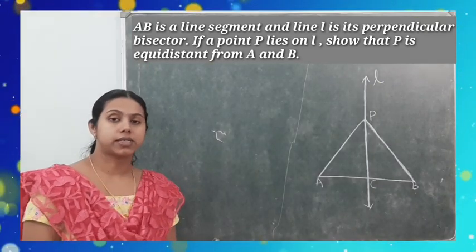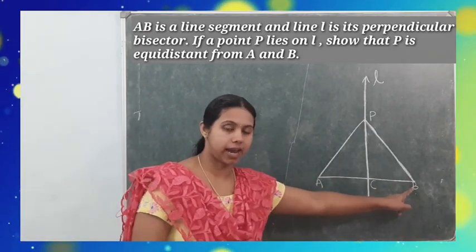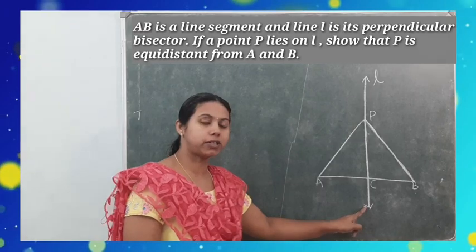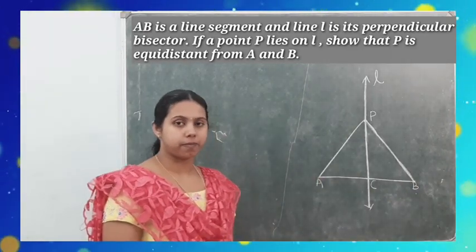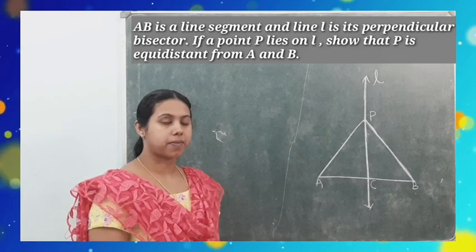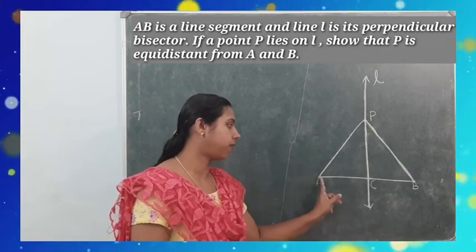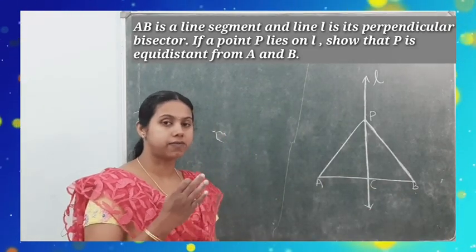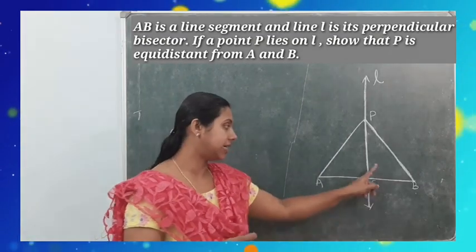In the question it's given that AB is a line segment and line L is the perpendicular bisector of line segment AB. Perpendicular bisector means it divides the line into two equal parts and makes a 90-degree angle.